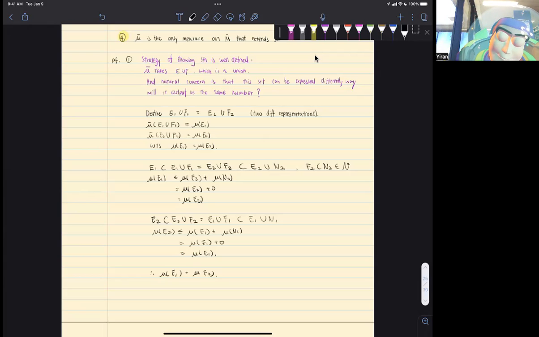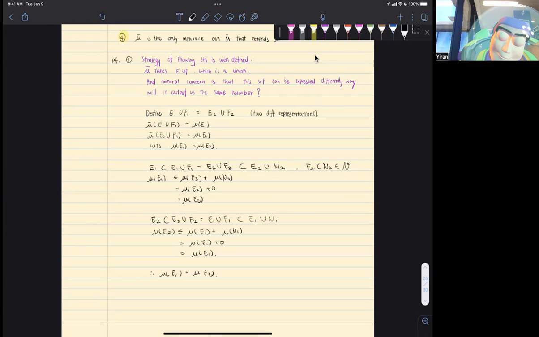And if you look at mu of E union N, right? So this is larger or equal than 0, and this is smaller or equal than mu of E plus mu of N, which is equal to mu of E, and which is equal to 0.